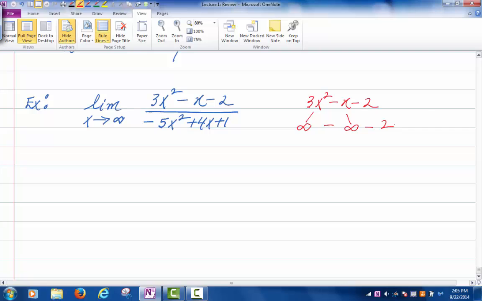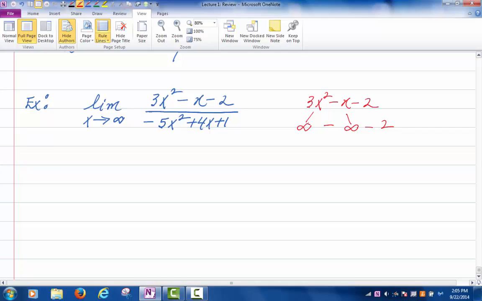So pretty much it doesn't tell us anything, because just because 3x squared and x are both going to infinity doesn't mean their difference is going to go to 0. And the reason is 3x squared is actually becoming large faster than x, right? So that's going to play a role.